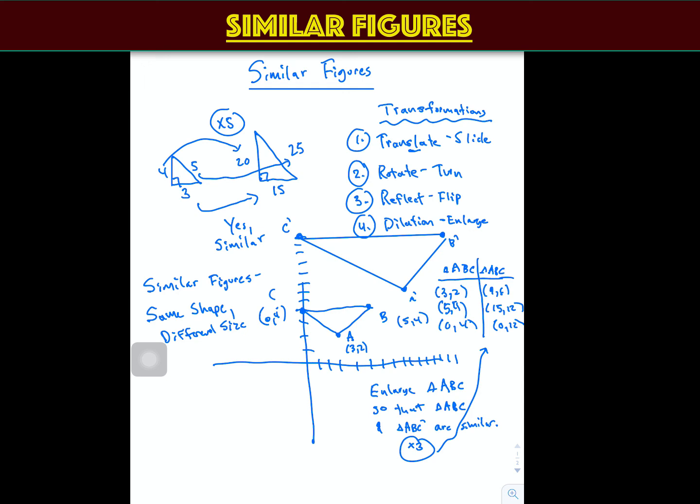Another thing that you'll encounter is that throughout this lesson they might ask us to dilate and translate, or perhaps dilate and rotate. So this lesson will also get into multiple transformations. So that's what we'll be looking at in 624. We'll be looking at similar figures and multiple transformations.